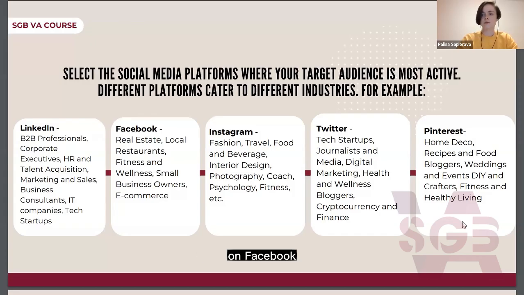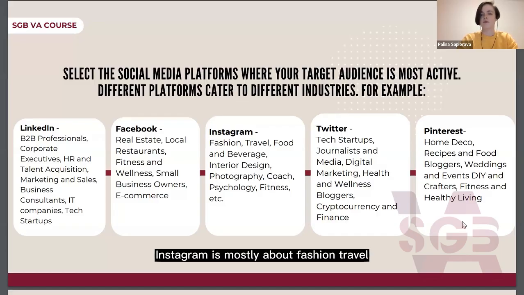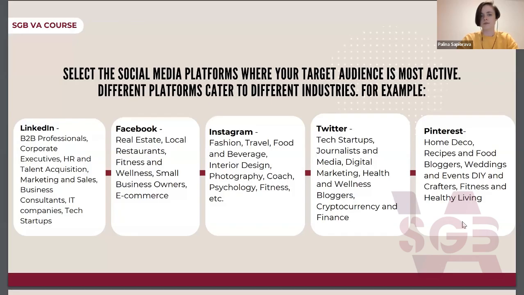On Facebook, you can find real estate, local restaurants, fitness and wellness businesses, small business owners, e-commerce. Instagram is mostly about fashion, travel, food and beverage industry as well, design, photography, coaches, fitness, and so on.